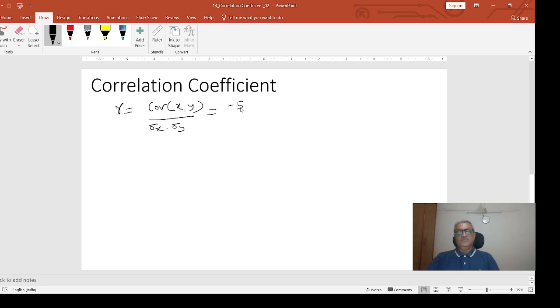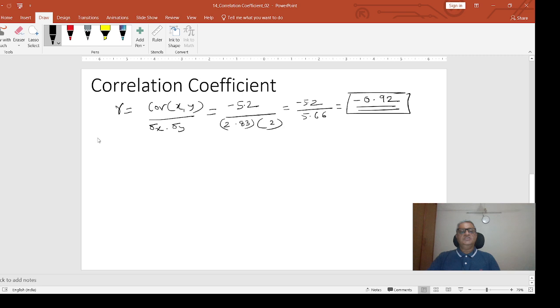It is minus 5.2 divided by 2.83 multiplied by 2. That is minus 5.2 upon 5.66. That gives me approximately minus 0.92. So R value is minus 0.92.